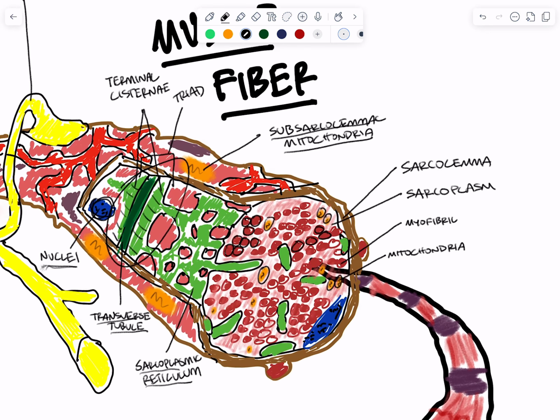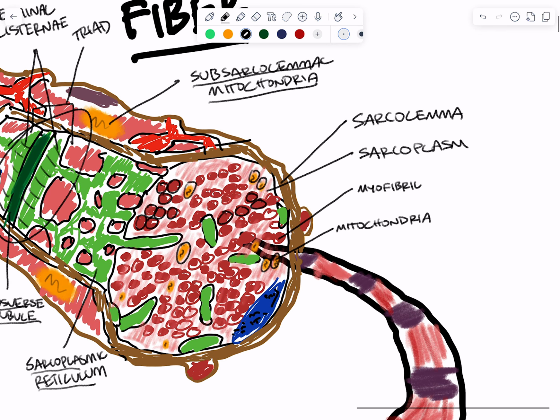And if we take a look inside of our muscle fiber, we have our sarcoplasm, which is the gel-like matrix that is analogous to a cytoplasm or a cytosol. And we have our mitochondria, which sit in between our myofibrils inside of the muscle fiber.